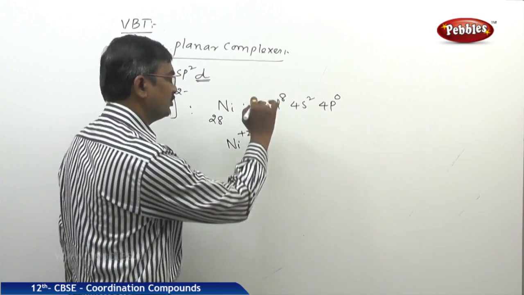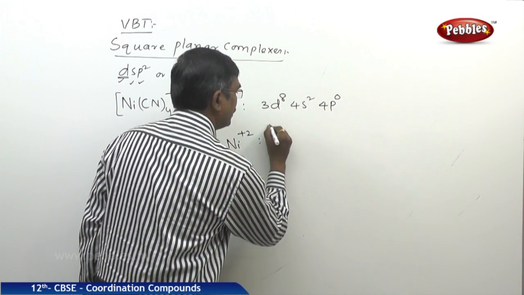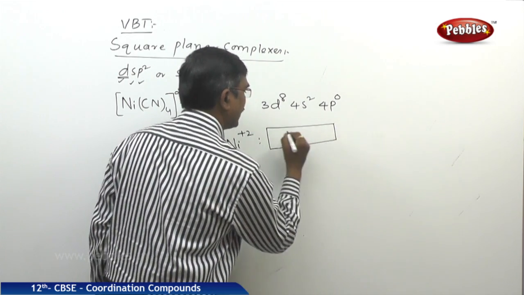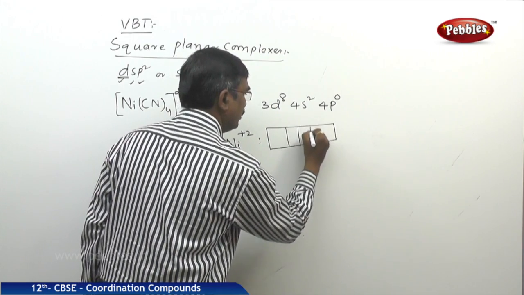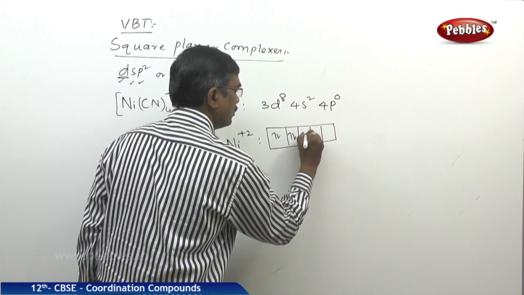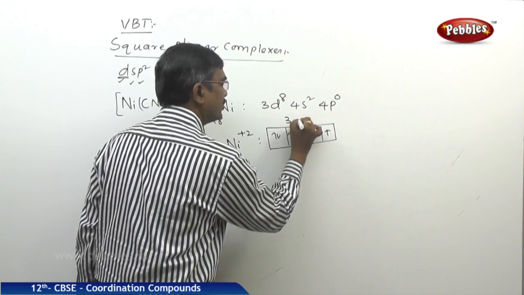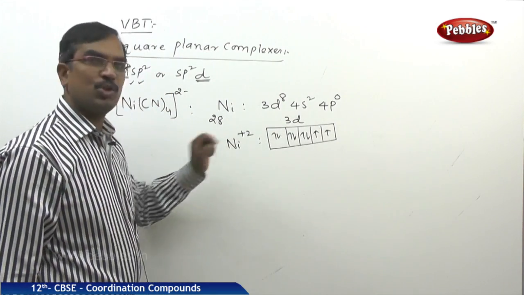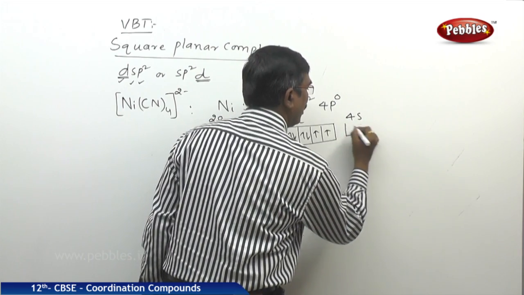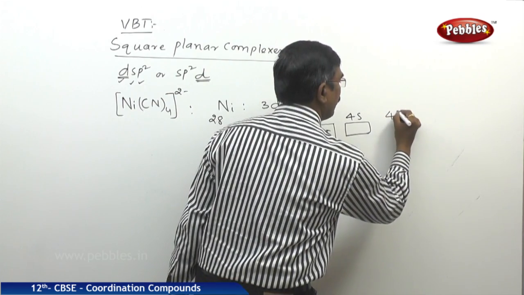The 3d8 remains as usual, so the 3d orbital has 8 electrons. This is the 3d8 configuration of Ni2+, so there are no electrons in the 4s orbital, and as usual the 4p orbital is vacant.